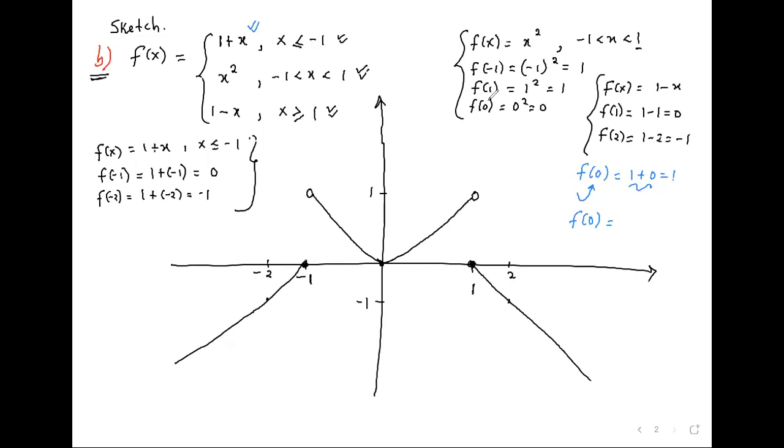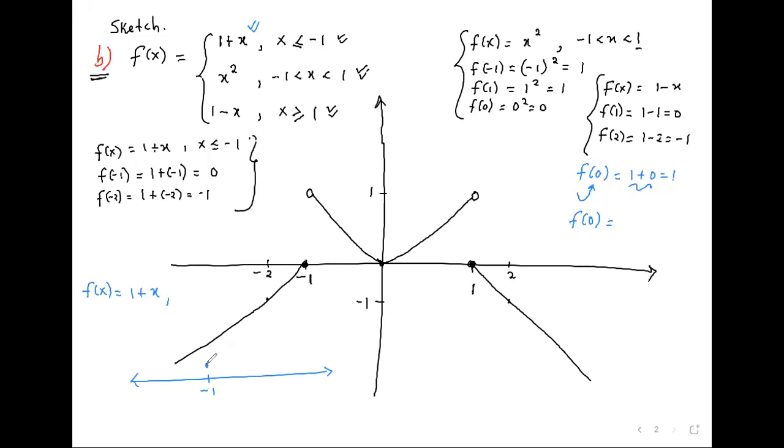Because we have 3 pieces, the first piece is f of x is equal to 1 plus x. Now you want to sketch, you ask yourself, where is it 1 plus x? It is 1 plus x only if I had a number line. You go at -1.